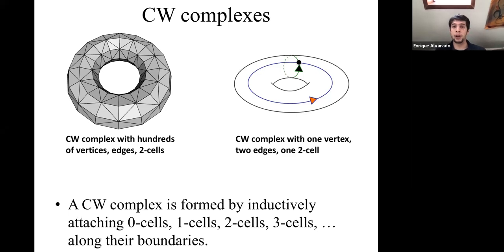You could have just one vertex, two 1 cells or two edges in the blue and the green there, and one 2 cell. So you have a plethora of ways that you can describe these manifold-like objects. And the nice thing about Morse theory is that the real valued function that you have defined everywhere on this manifold is the thing that tells you what cells you're going to be using.